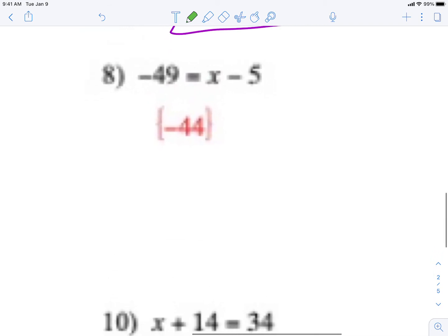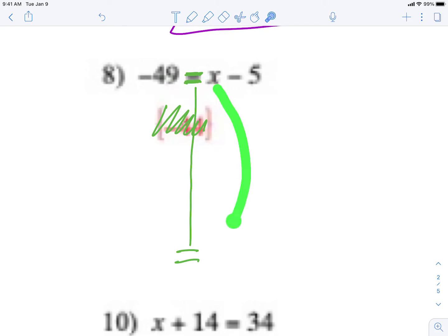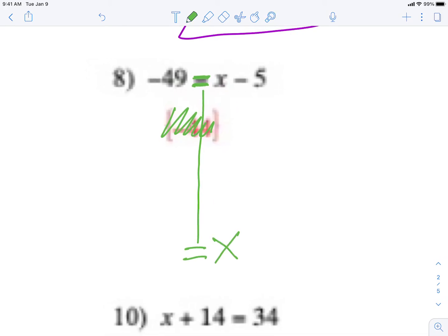Number 8. Again, let me draw my equal sign here to make it clear. Cross out my negative 44. I'm going to draw my line of separation. My x, my variable this time, is on the right side. That was weird. So my x comes down just like that.